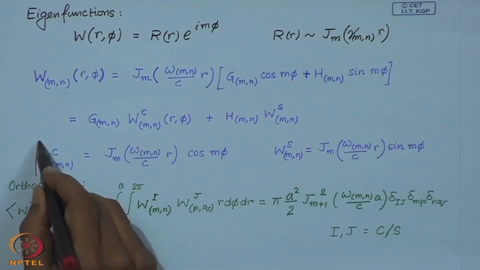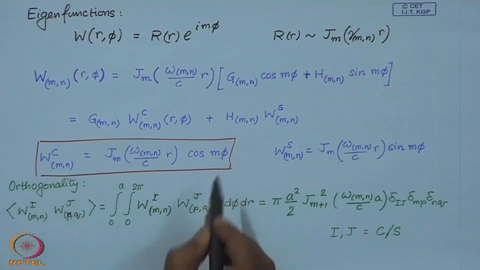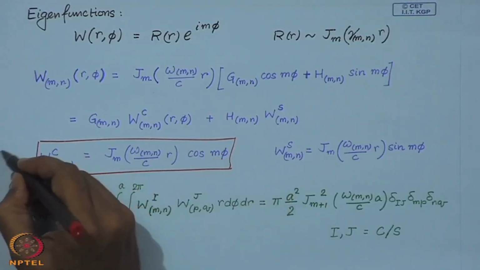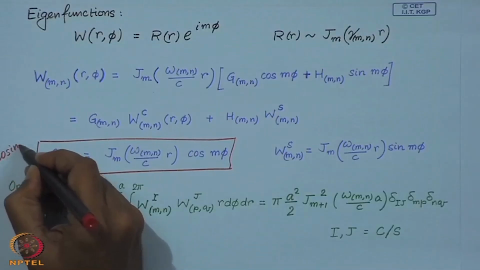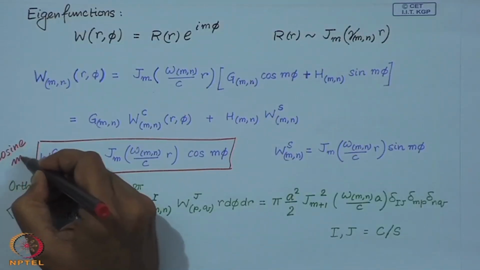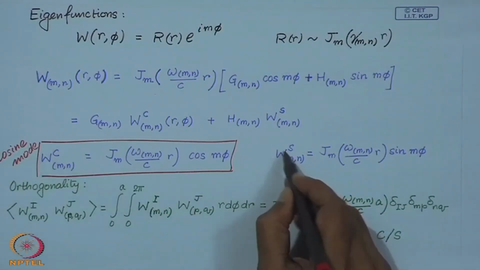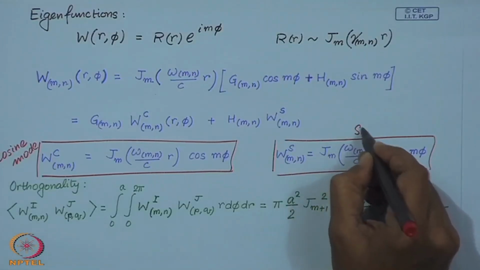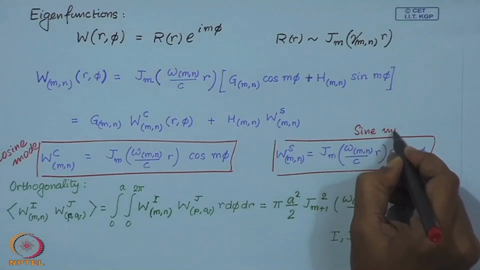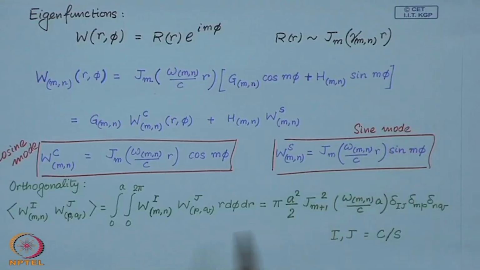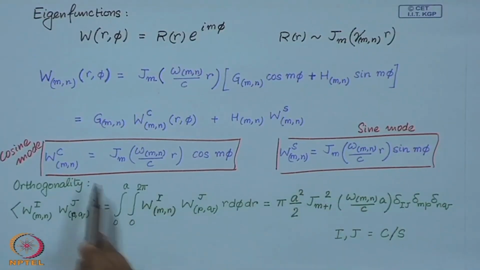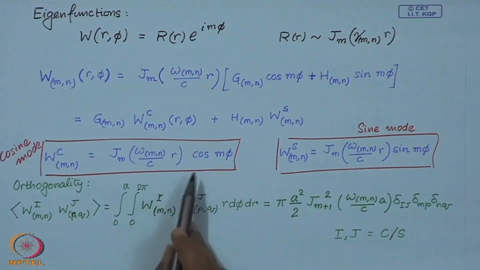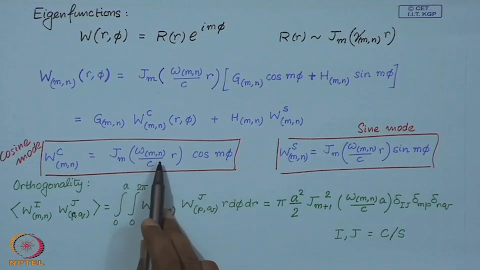So, this is called the cosine mode, and this is known as the sine mode. And so, we have two orthogonal modes corresponding to a single eigenfrequency omega m comma n.